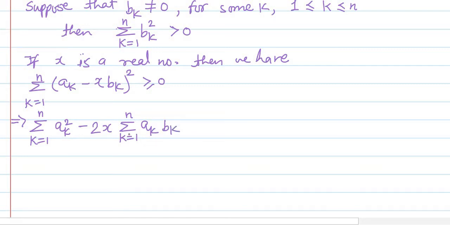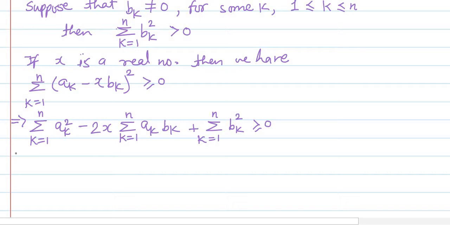As x is independent of k, we have written x outside the summation. Then plus the square of the last term with the summation, which is the summation over k equal to 1 to n of bk square, and this is greater than or equal to 0. So we have expanded the left hand side and written it in simplified form.